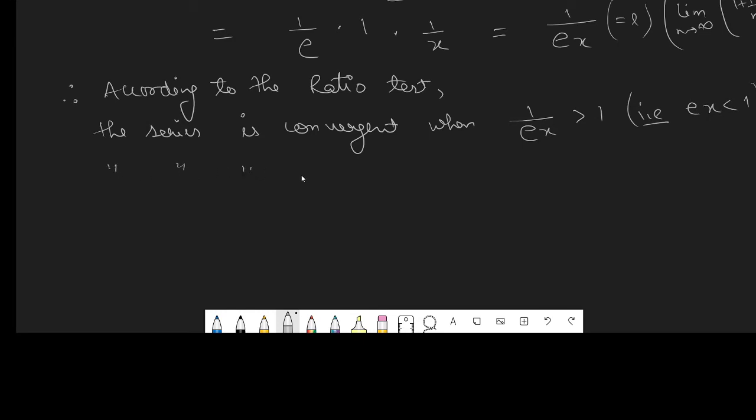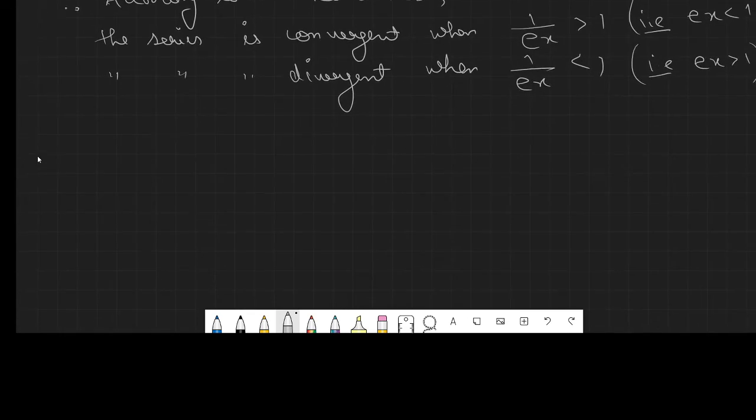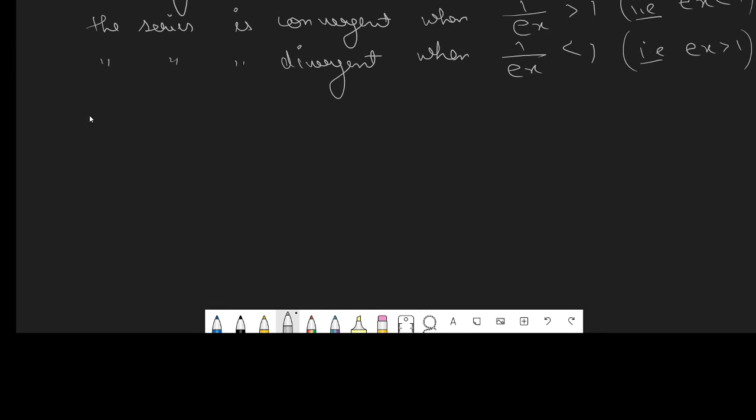The series is divergent when 1 by ex is less than 1, that is ex is greater than 1. Okay, now the ratio test also fails at L is equal to 1, that is 1 by ex is equal to 1.